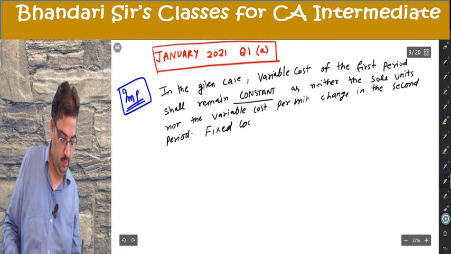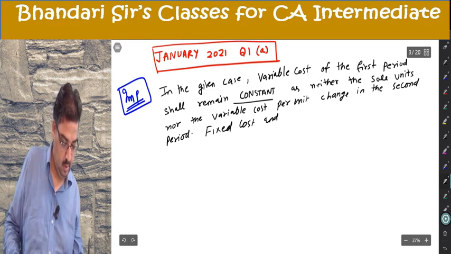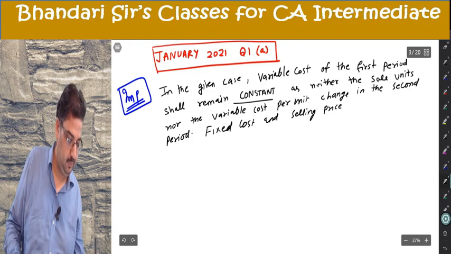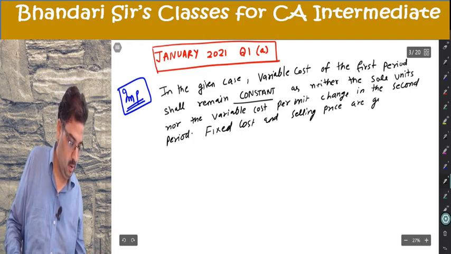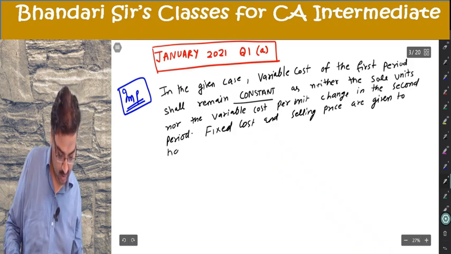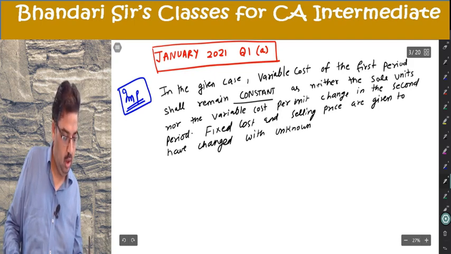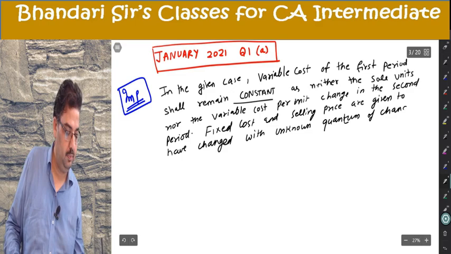Fixed cost and selling price are given to have changed with unknown quantum of change.